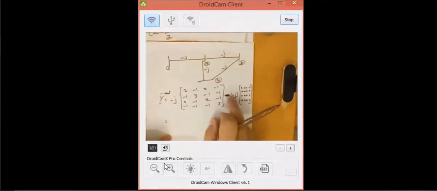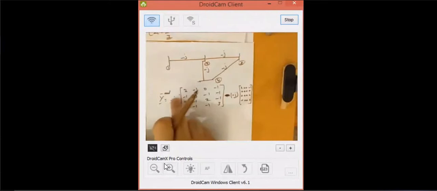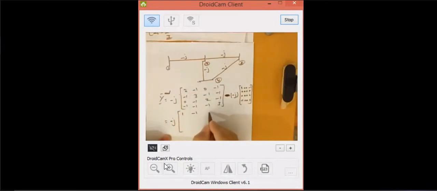So minus minus becomes a plus. Take minus J2 common. Here we have minus 2 plus 1, so it is equal to minus 1. This one is not going to affect. Similarly here, 3 minus 1 minus 1, 0 minus 1, 2 minus 1, minus 1 minus 1.